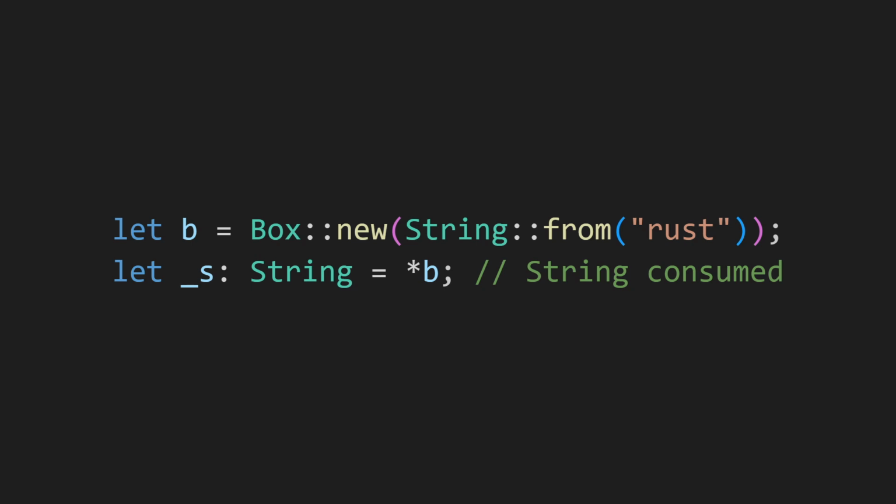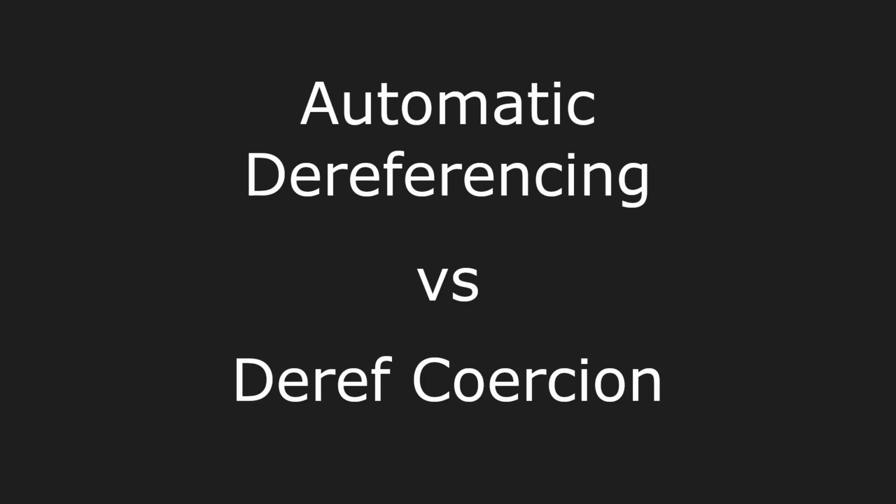One last thing worth highlighting is the difference between automatic dereferencing and deref coercion. Auto-referencing and auto-dereferencing occur when a method does not exist on the type it's being used with. Using auto-ref and deref, the compiler will recursively check for a matching method signature and generate a compiler error if none is found.